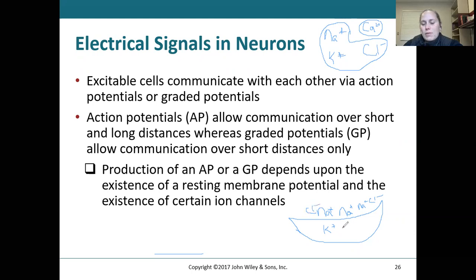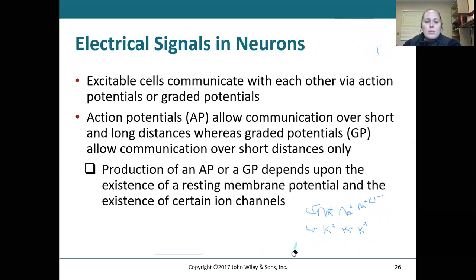And bananas, if you know, have a ton of potassium in them. So this is just kind of something we'll revisit again and again, because it's going to be the concentration of these ions, either inside or out of the cell, that allows for electrical signaling to take place. So think of the neuron as a salty banana, meaning there's tons of sodium and chloride outside the cell, and there's lots of potassium inside the cell. So, kind of devolved. Okay.